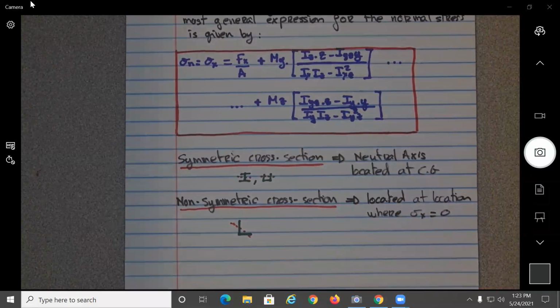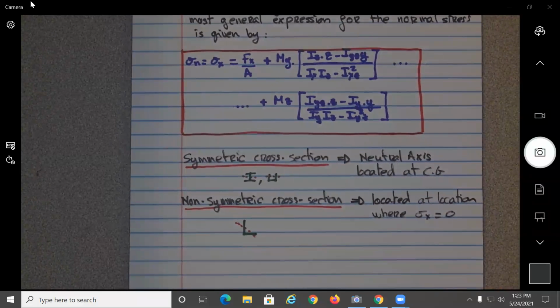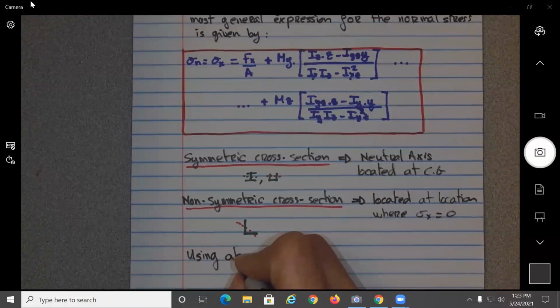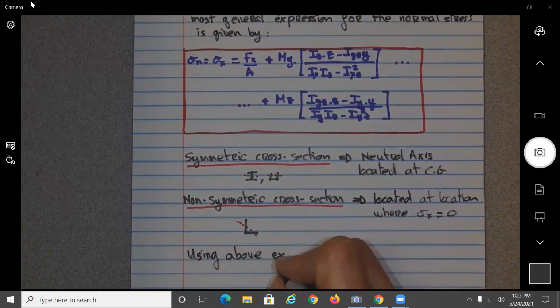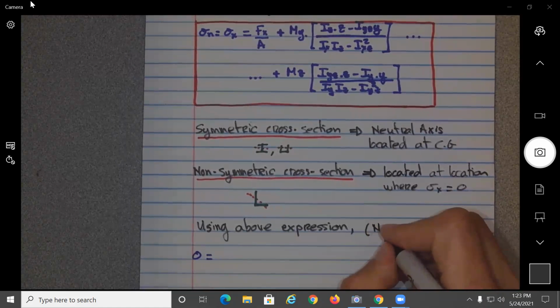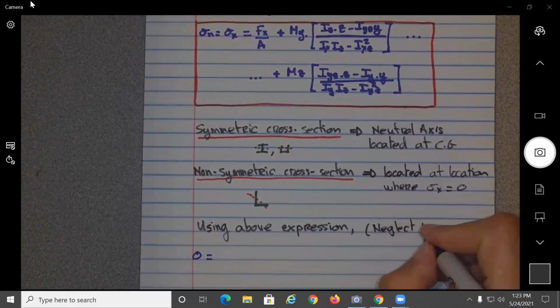All right. So if I rewrite the above expression, we're going to have 0 equal to, and I'm going to neglect Fx.